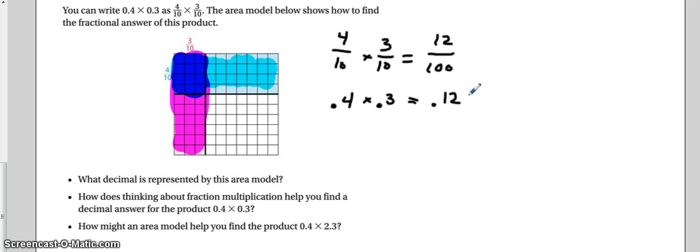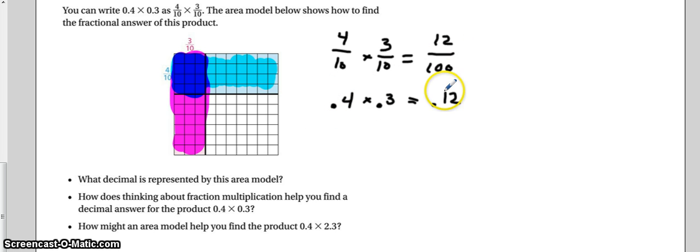The key here is to think about the name of the number. If you think about the name of 4/10, it gives you the name of the fraction and the name of the decimal number. If you know that 4/10 as a fraction looks like this, then you should know that 4/10 as a decimal looks like this.